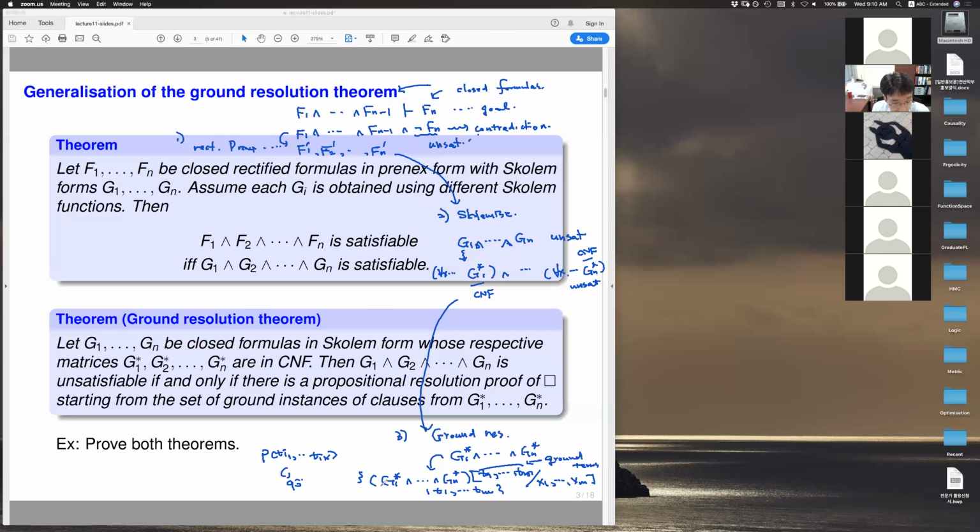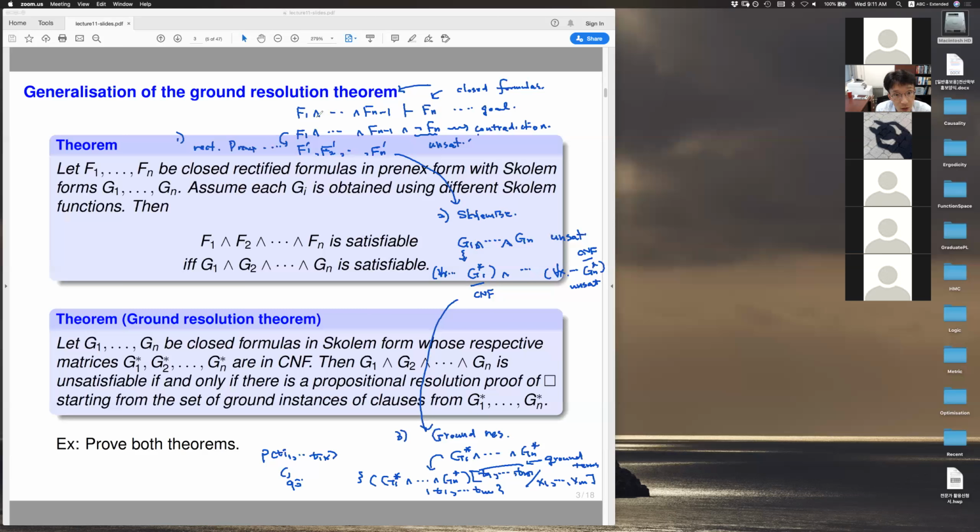Then apply ground resolution, and you can come up with algorithms that check whether it's possible to derive a contradiction from this infinite set or not. If we put all these processes together, that gives a semi-algorithm to check the validity of the original formula.